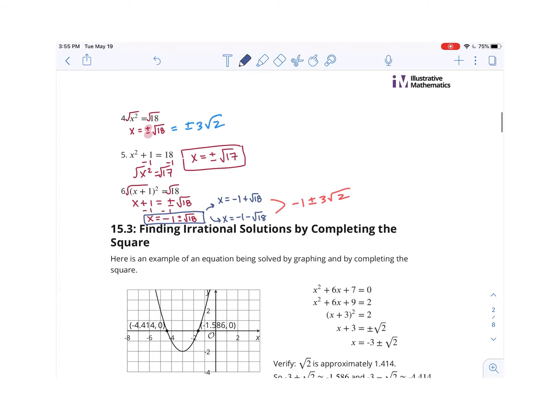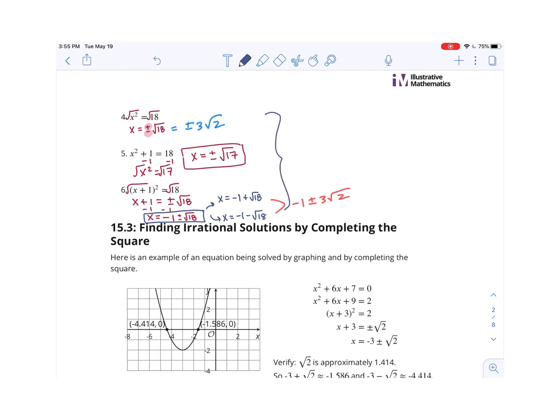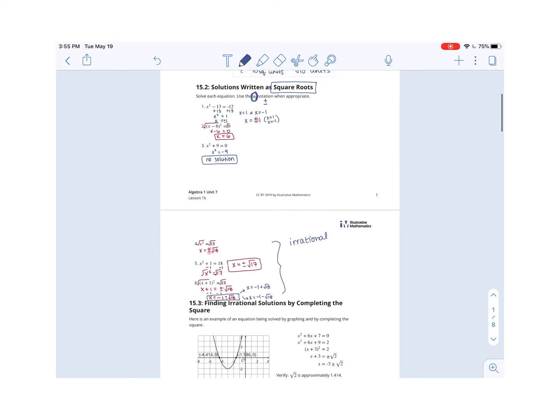Now, when we look at our solutions here for 4 through 6, you might have noticed that we left those in radical form. So all 3 of these solutions are irrational numbers, whereas our solutions for 1 and 2 were rational.